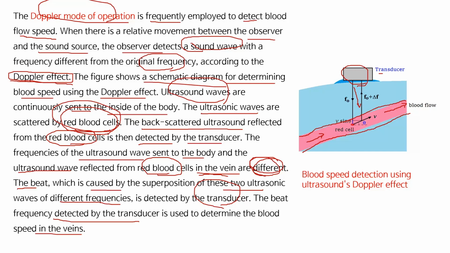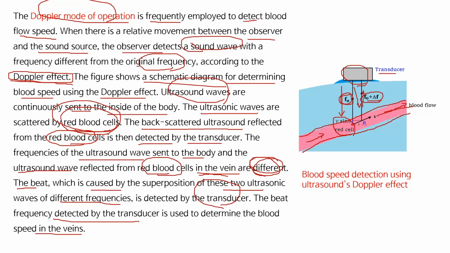So from the transducer, ultrasound wave is continuously sent to the body, then this ultrasound is reflected from the red blood cell in the vein. Due to the Doppler effect, the frequency sent to the body and the frequency backscattered from the red blood cell are slightly different.